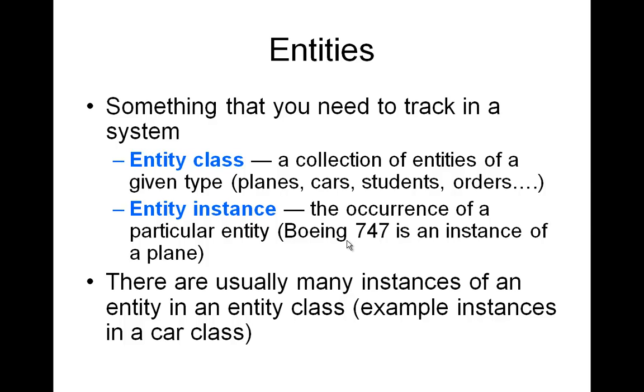The occurrence of a particular entity of the entity class, such as a Boeing 747, which is an instance of a plane, is called an entity instance. There are usually many instances of an entity in the entity class.